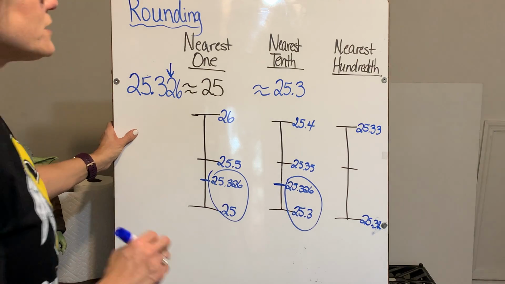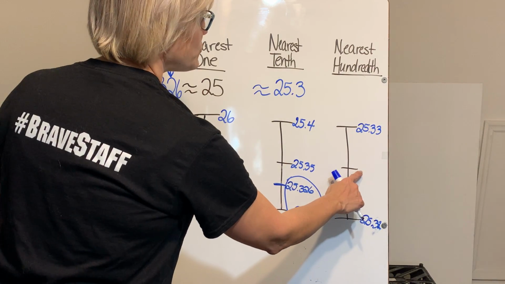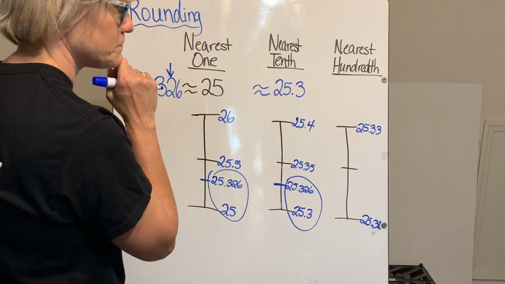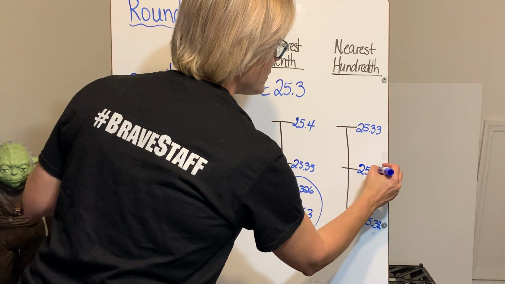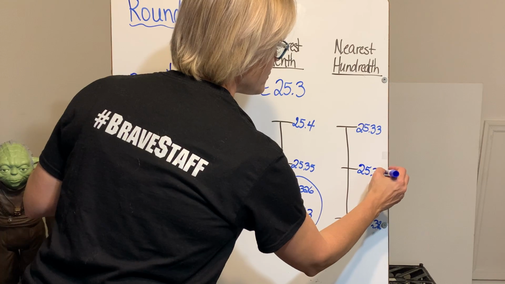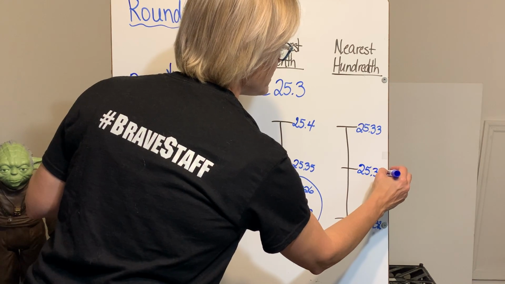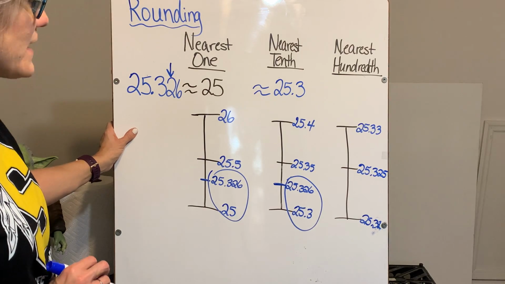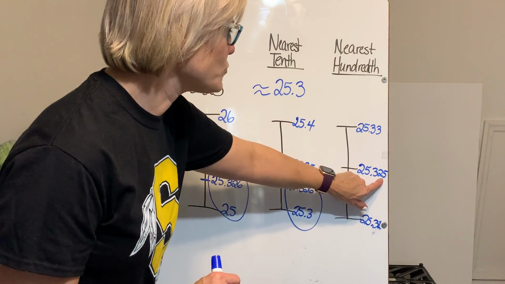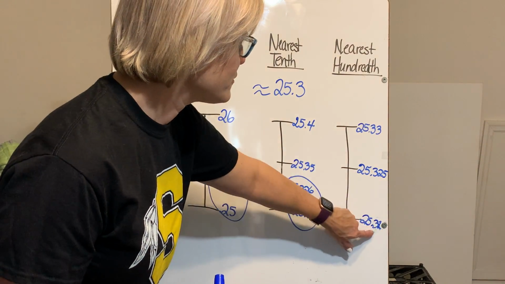So what would go in between here? 25 and 32 and 500 thousandths.